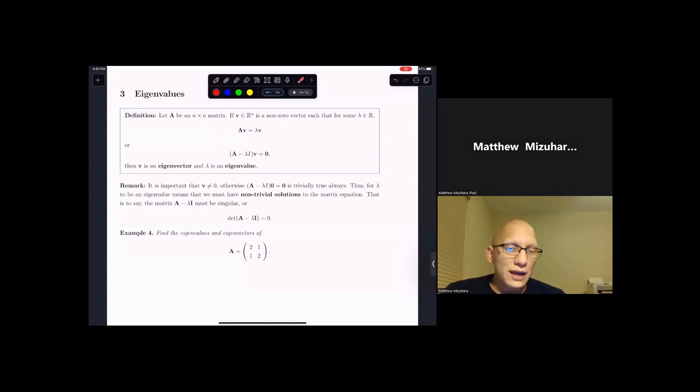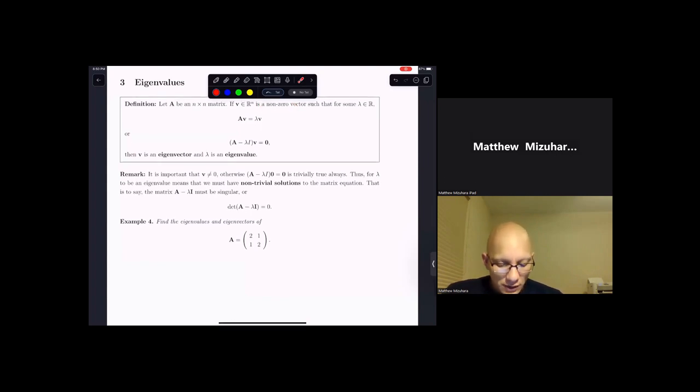And the thing to remember here is A times v is a matrix times a vector, but lambda times v is just a scalar times a vector. Okay, but if you can find me a lambda and a v that solve this equation, well, we say that v is an eigenvector and lambda is the associated eigenvalue. So the thing to remember here is that we really do need v to be a non-zero vector.